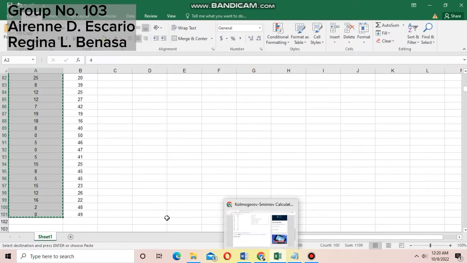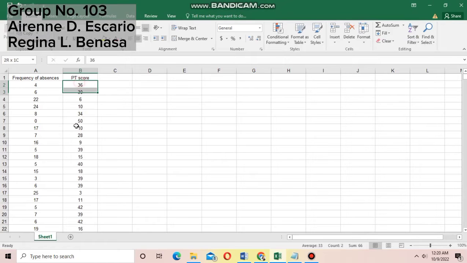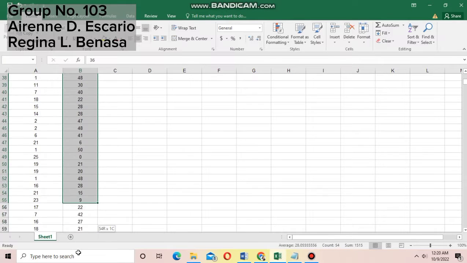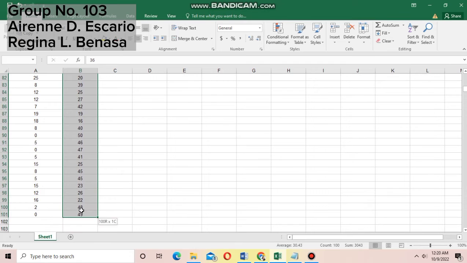What about the PD score? Is it normally distributed? Let's try to test it. Let's copy them and paste it in the text box.